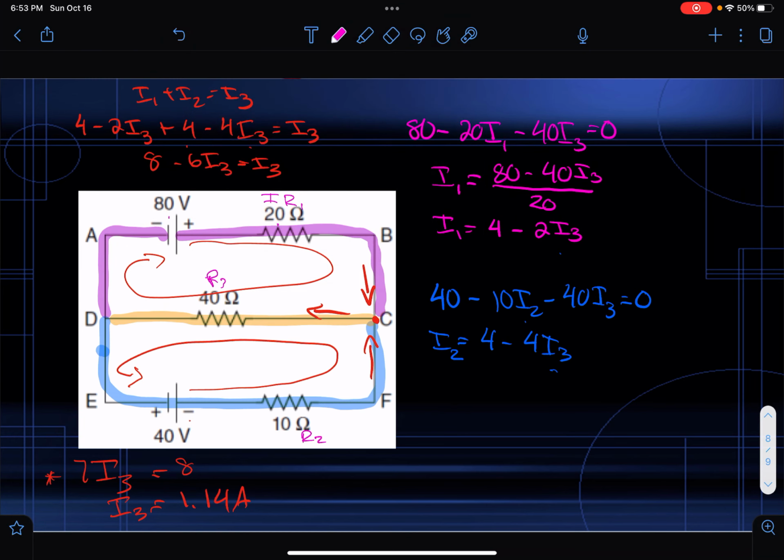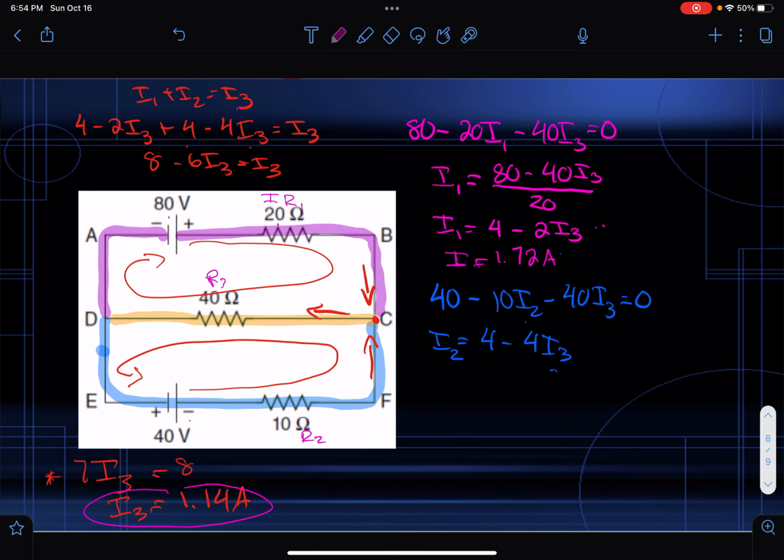Okay. Now I'm going to plug my I3 back into this equation. So my I1 is 4 minus 2 times 1.14, so my I1 is 1.72. This may start to ring like, interesting, because my total I3 is less than that.